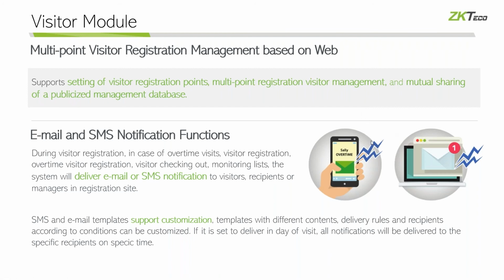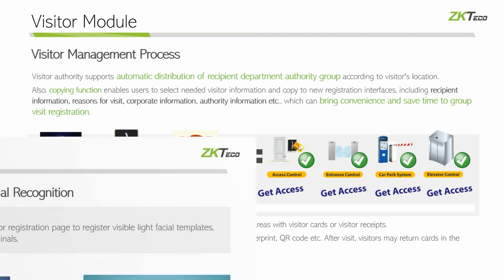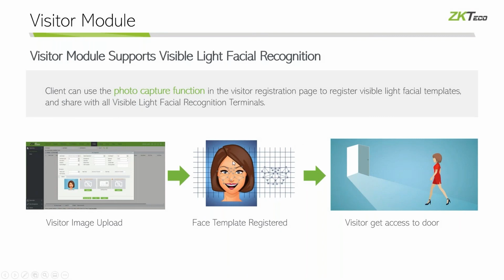The types of notifications. Okay, the visitor management process. Okay, employee is registered, then is authorized, then gets access. That's the thing. And also has the possibility to use visible light facial recognition as with the ProFace X.